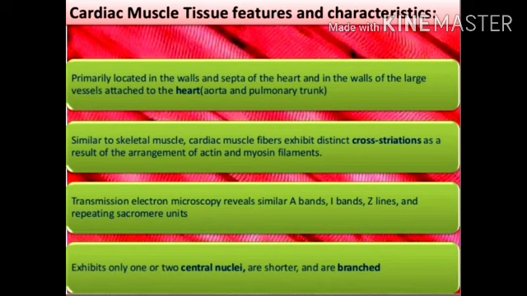Transmission electron microscopy reveals similar A band, I band, Z line and repeating sarcomere units. They exhibit only one or two central nuclei. These are shorter and branched.